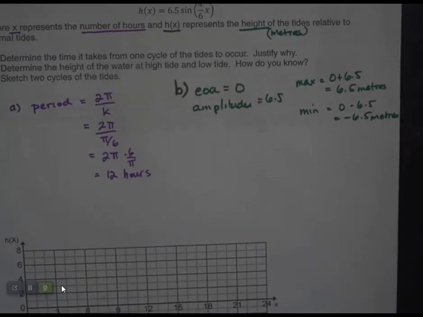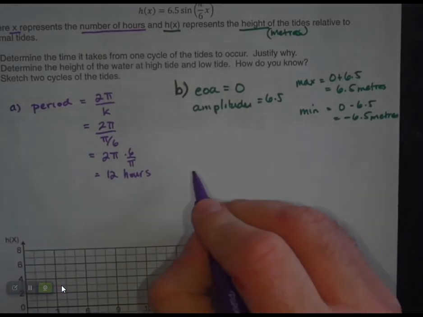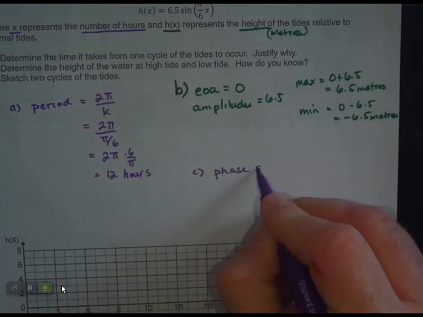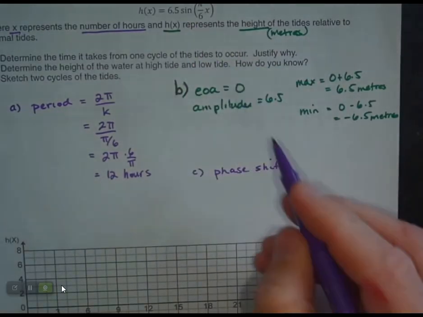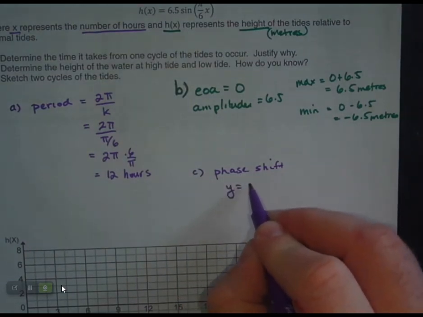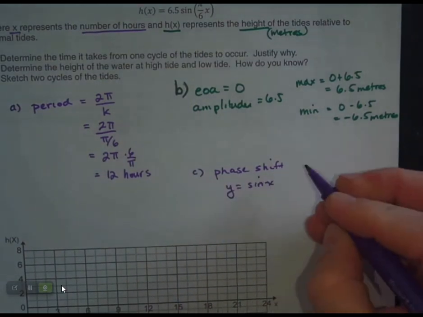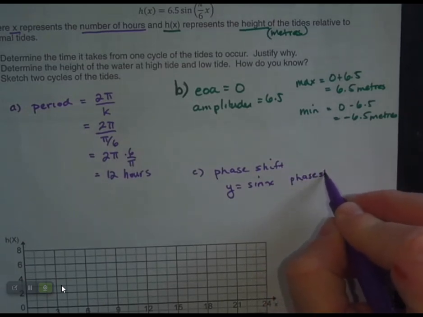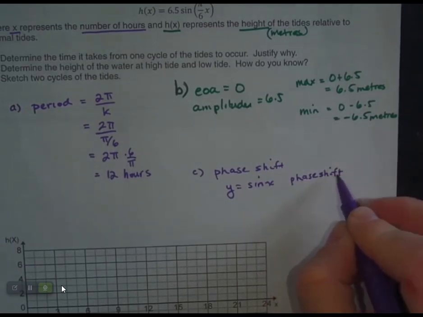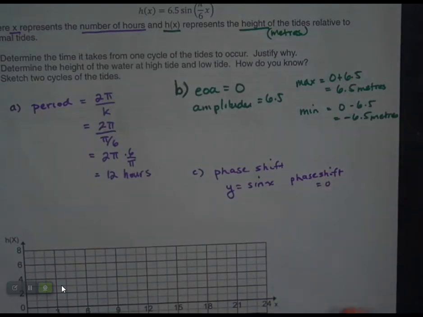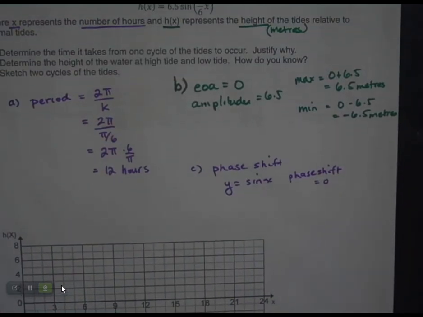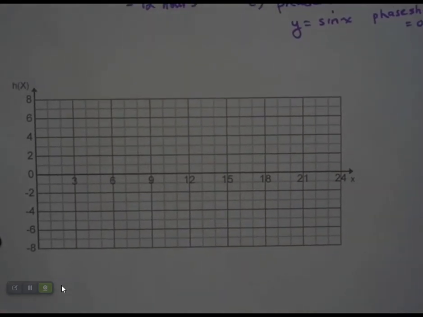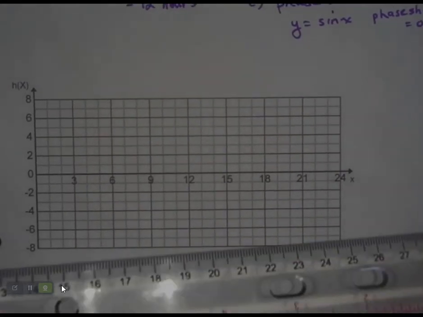The only other thing that I need to know about sketching the graph is, what is my phase shift? If I look at this, my basic function is sine x, and my phase shift is equal to 0. That means it's not moving left or right. So I can look at this now, just like we did in previous learning.